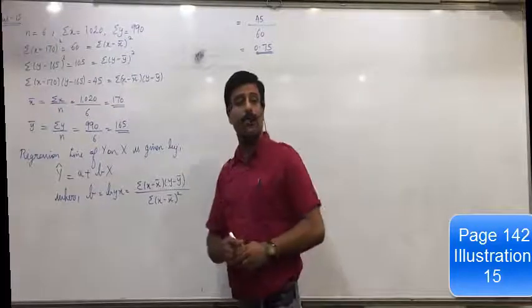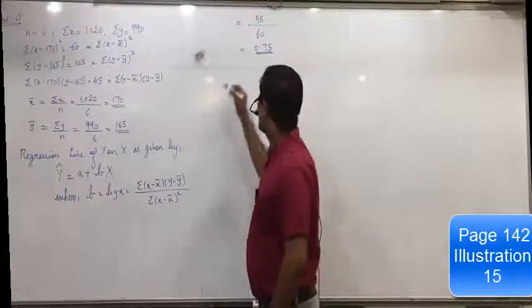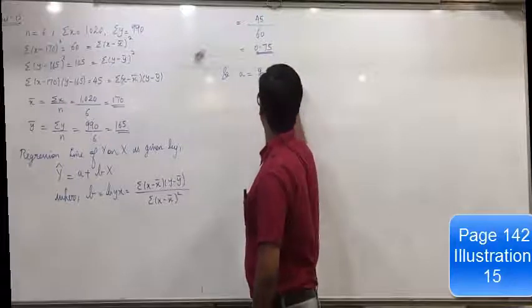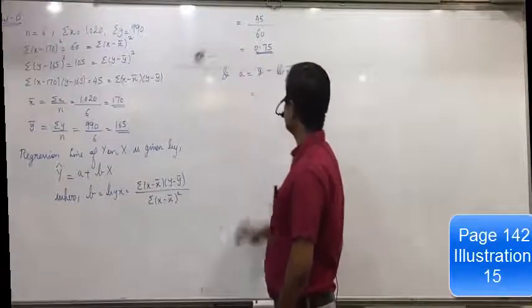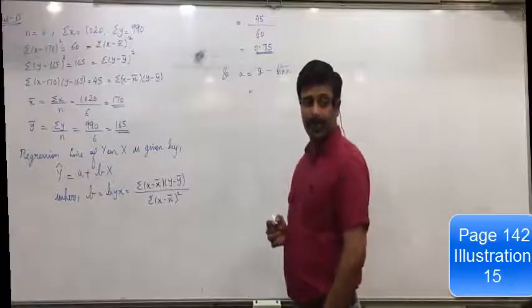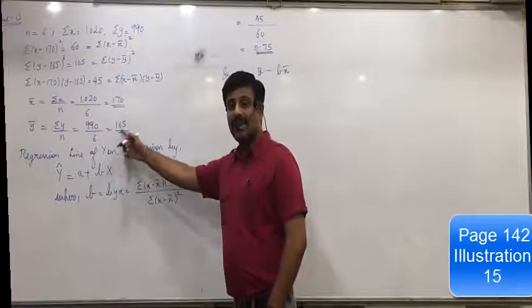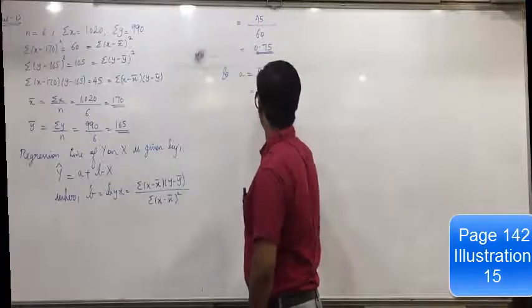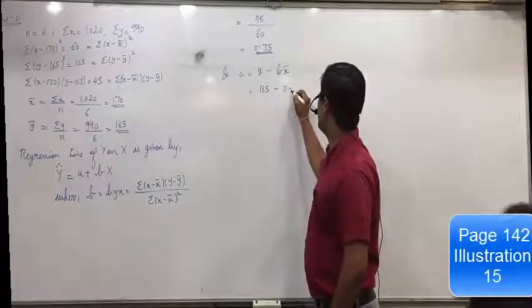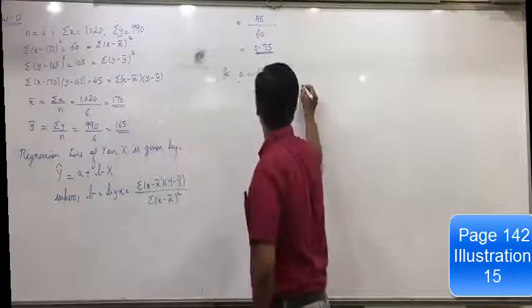Then, Darshan, what next? And a equals y bar minus b x bar. Can you all see y bar is 165? Further? B we obtained 0.75 and x bar we obtained as 170.